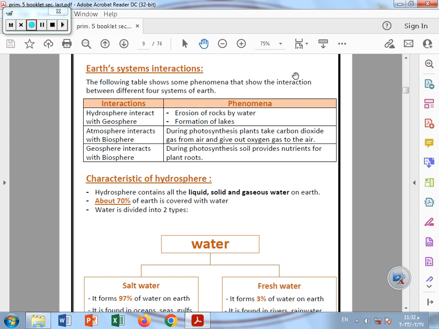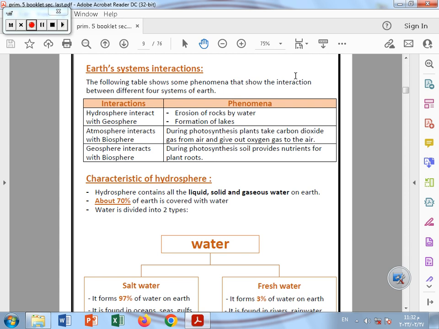And we said in the last lesson also that the earth systems interact together. If I said we have interaction between the hydrosphere and the geosphere, this means we are going to mention a source of water that interacts with the earth, like the erosion of rocks by water, or breaking down rocks by water. The rocks are part of the geosphere. Water is a part of the hydrosphere, so that's an interaction between the hydrosphere and geosphere.